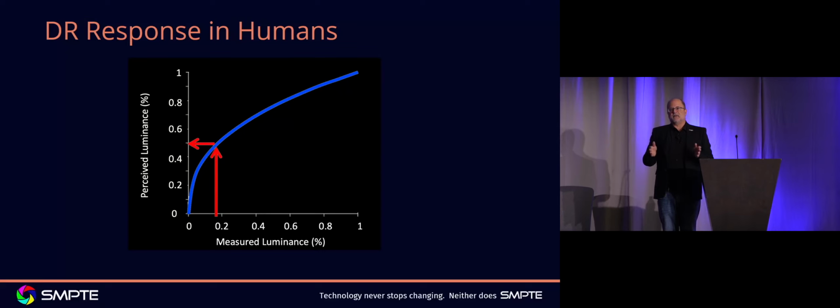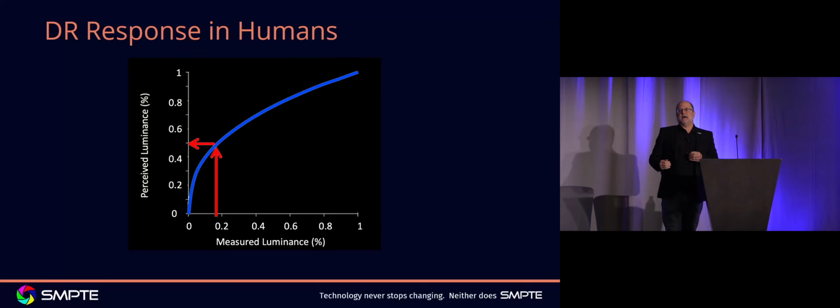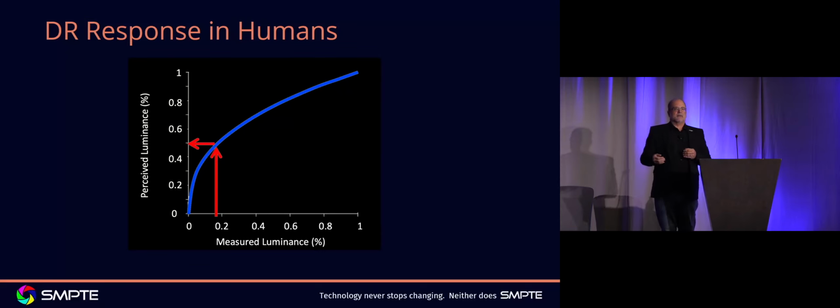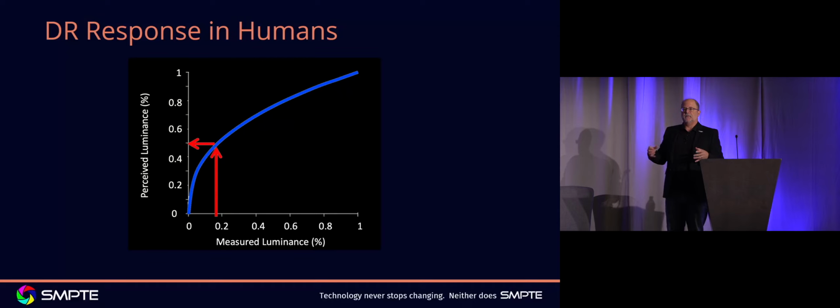It's not a lot of levels, but it was sufficient with the color space and the dynamic range of 709 to be able to represent an image without excessive artifacts, what we call banding, because you don't have enough code values. Definitely not enough for high dynamic range. If you try to produce high dynamic range images in 8-bit, you're going to have a lot of banding because your color volume is a lot bigger.